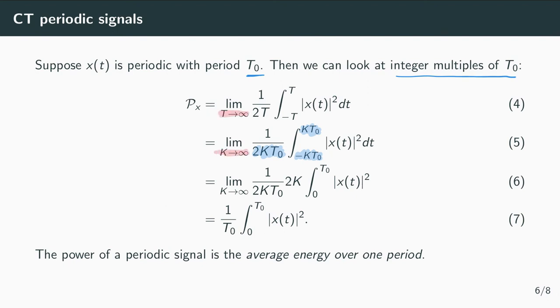So that's adding up those humps. Basically, I'm adding up one hump at a time as I go, expanding outwards, and I'm dividing by the total area of each of those humps. So what we can say is that this thing here is the total energy in 2k periods of the signal.